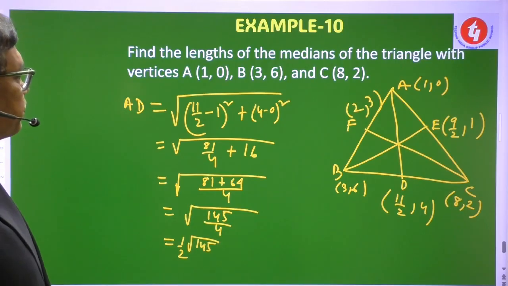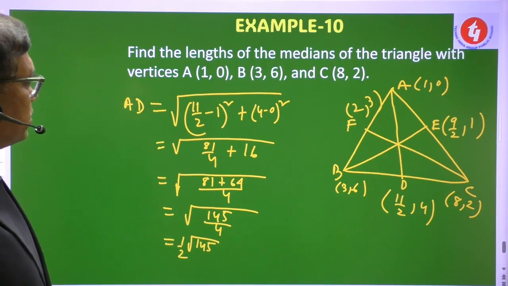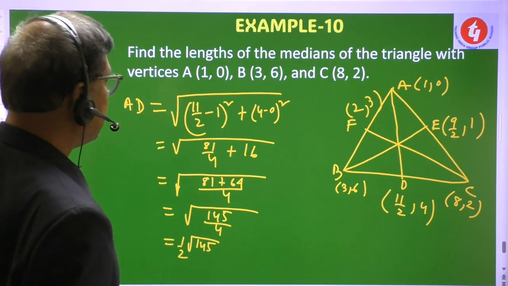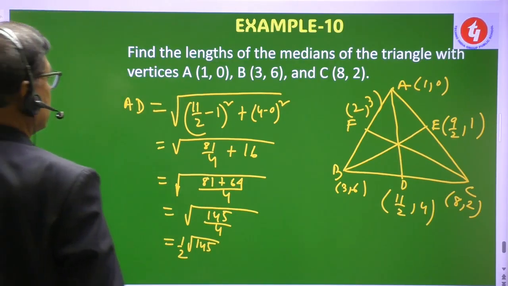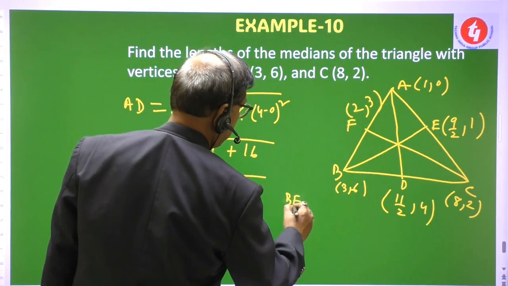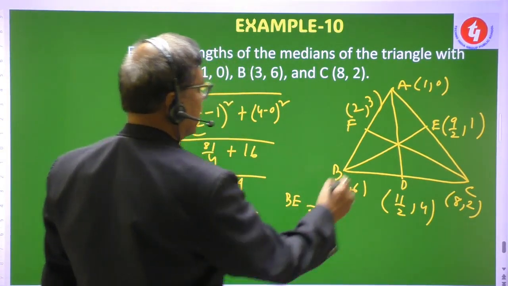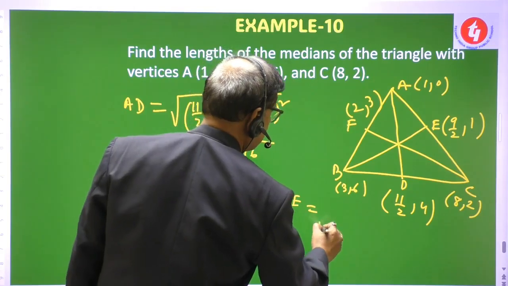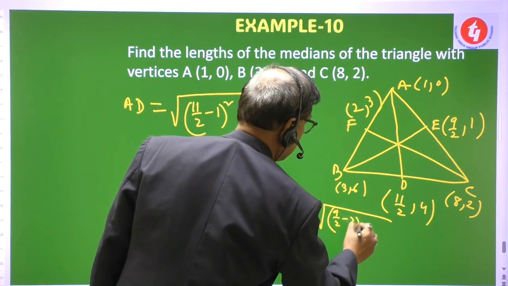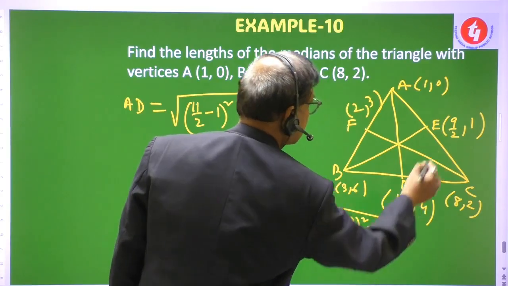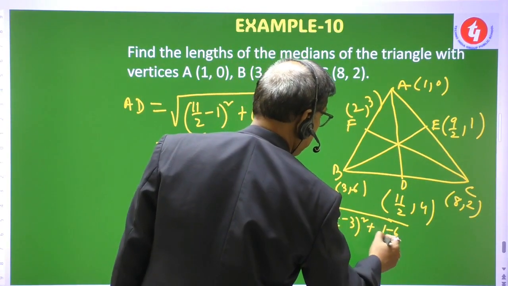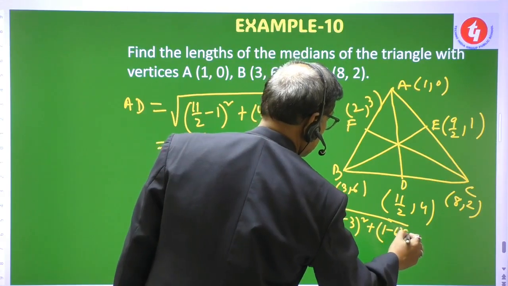Is it clear? Understood? Now length of median BE, that is root over of 9 by 2 minus 3 whole square plus 1 minus 6 whole square. Yes.